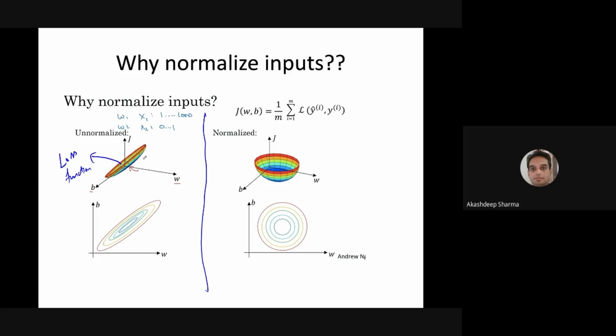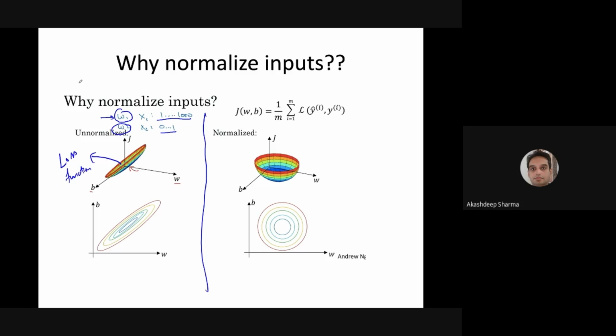If I'm not normalizing, see my W1, the weight matrix 1, the values of x1 could be 1 to 1000, and the values of x2 are 0 to 1. So what does the learning algorithm have to do? It has to find an optimal value for W1 and W2, where W1 and W2 will be affected by the values of x1 and x2. One input ranges from 1 to 1000.